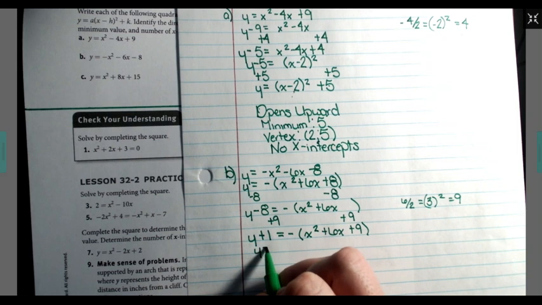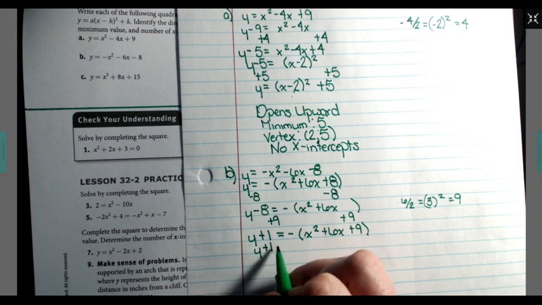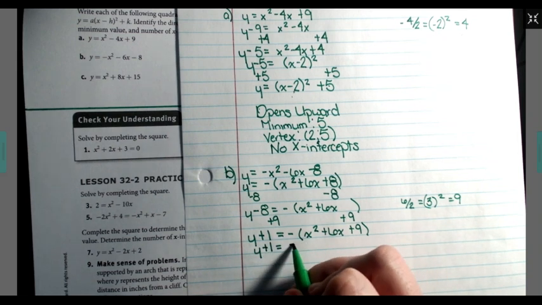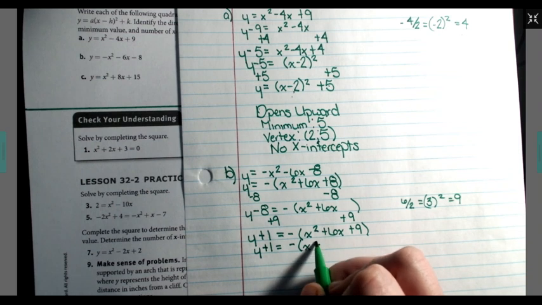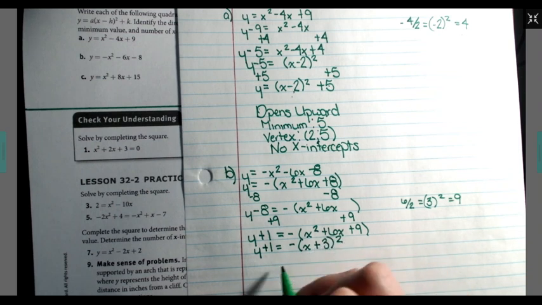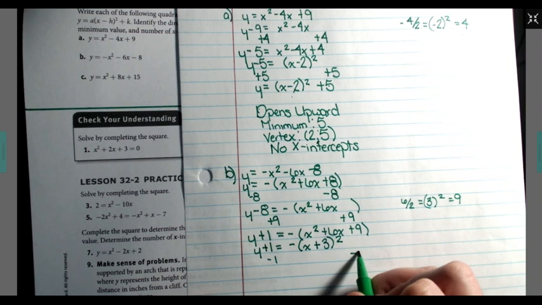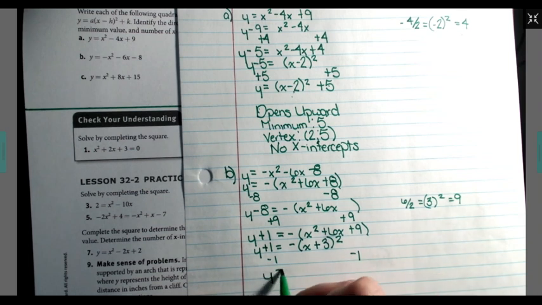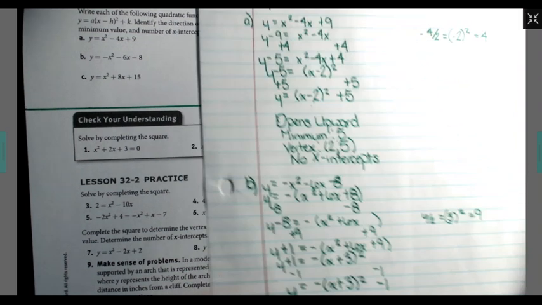We've got y plus 1 equals negative (x plus 3) squared. Now we're going to move our 1 back over, and we're going to subtract it. So y equals negative (x plus 3) to the second power minus 1.